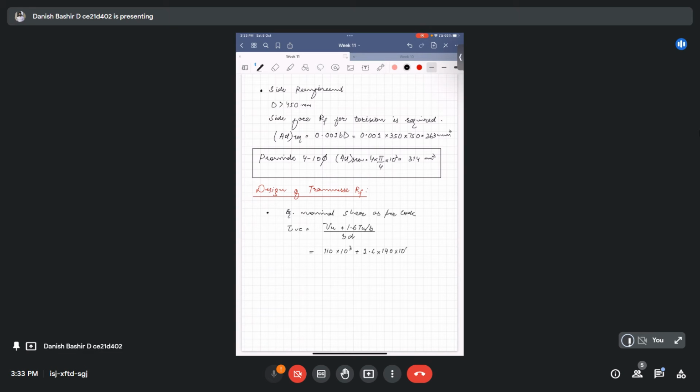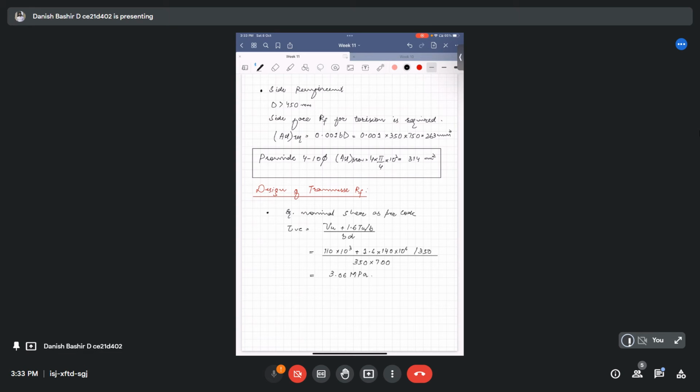Be consistent with the units, otherwise you will end up getting wrong values. Divided by 350 millimeter, whole divided by BD. B is 350 and D is 700. When you calculate this, tau V equivalent is 3.06 megapascal.